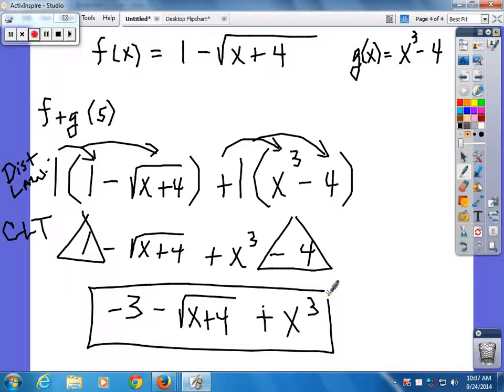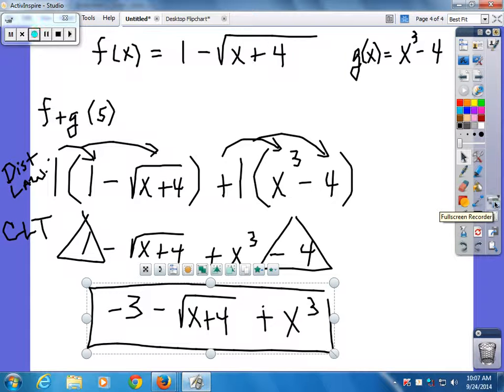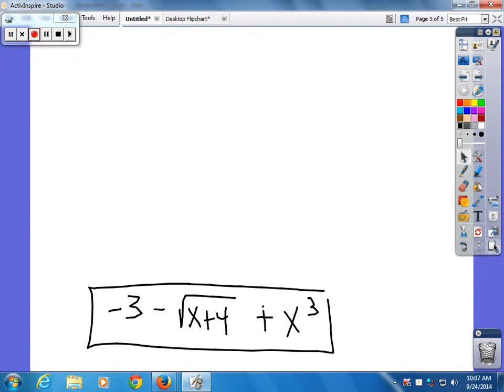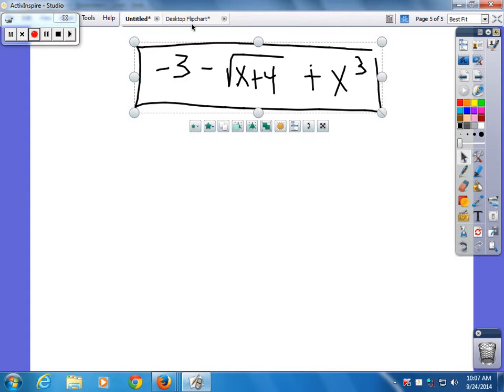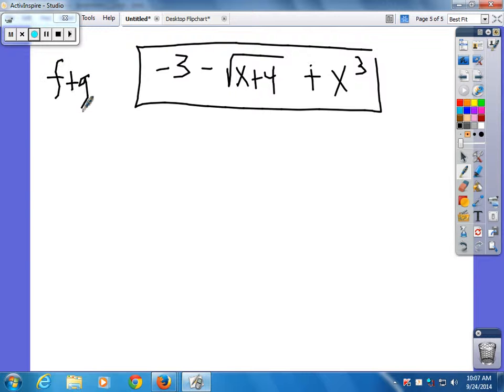Now we got to plug in 5. F plus g is equal to that.